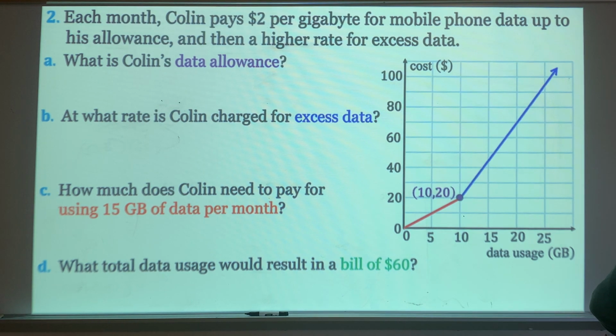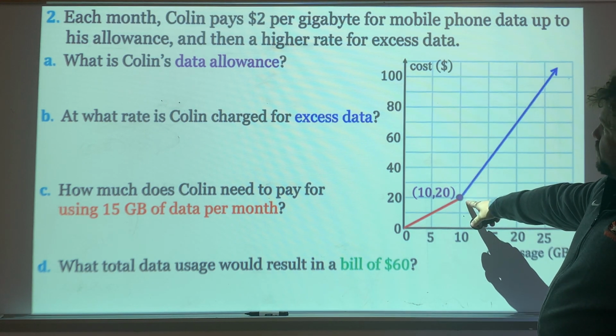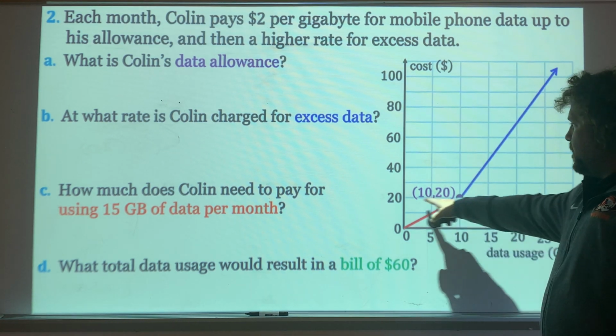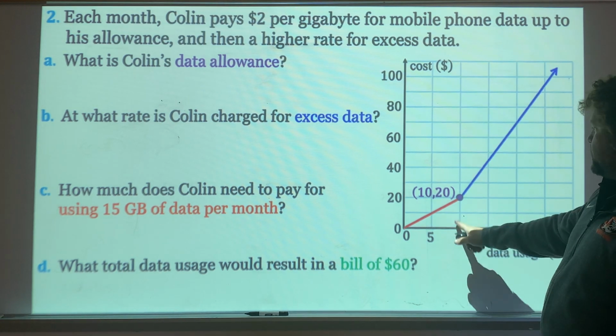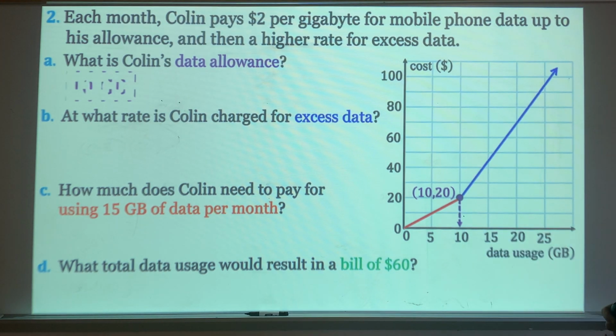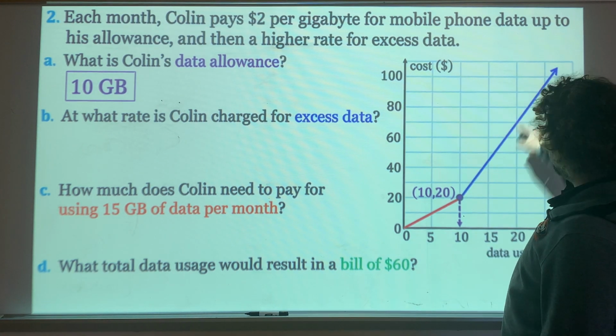So, up to the 10, that's when it switches over for the higher excess. So at 10, you have 20. So his data allowance is, what? Is it the 10 or the 20? What's the data usage? Gigabytes. It is 10.